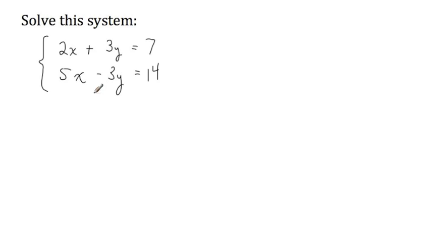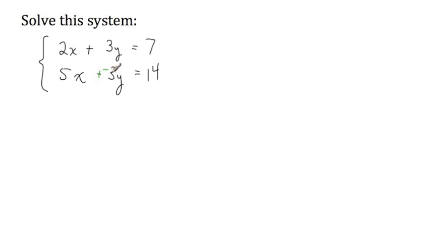If we change subtraction to addition by adding the opposite, notice what happens in the y terms. The first equation has 3y, the second equation has negative 3y, and those are opposites. So that's the very first thing that you want to do when you solve systems using linear combination: get one of the terms with the variables to be opposites in both equations.